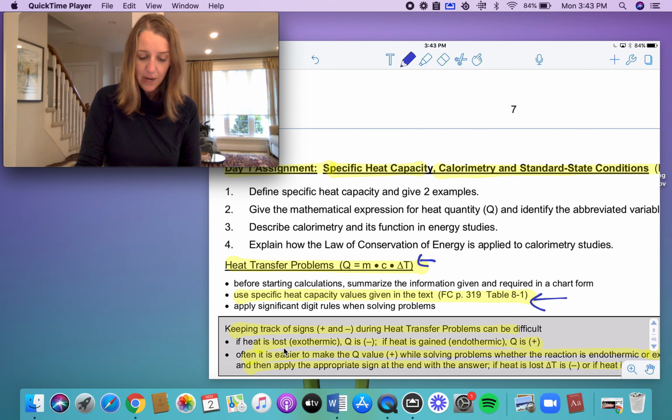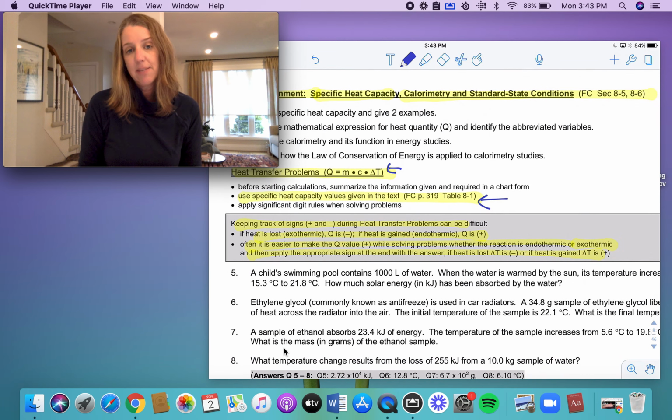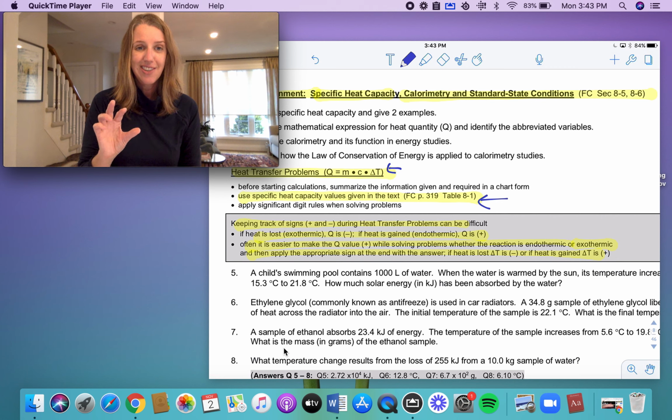Okay? All right, so you're going to work through these heat transfer problems, and some of them can be a little bit tricky, but I want you just to note that it can be hard to keep track of these negative signs, and you can almost do the entire math equation without factoring in your negatives and positives until the very end of the equation.